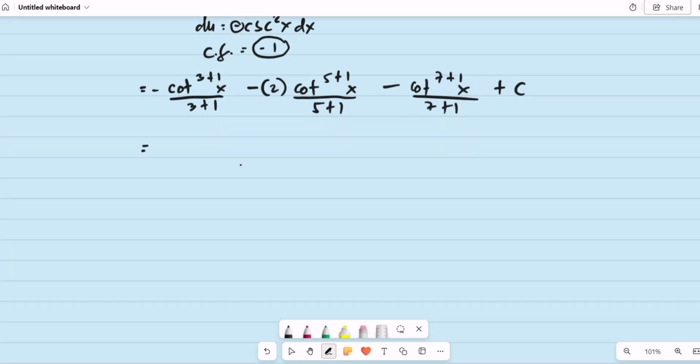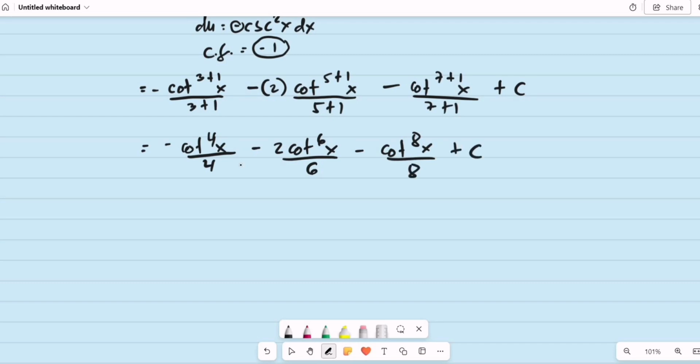This is now equal to negative cotangent raised to 4 of x divided by 4, minus 2 cotangent raised to 6 of x divided by 6, then minus cotangent raised to 8 of x divided by 8, then plus c.